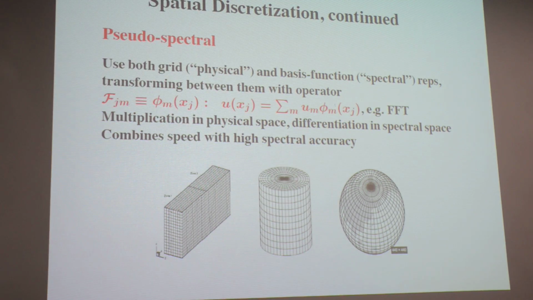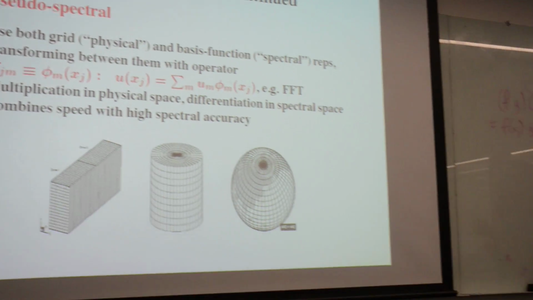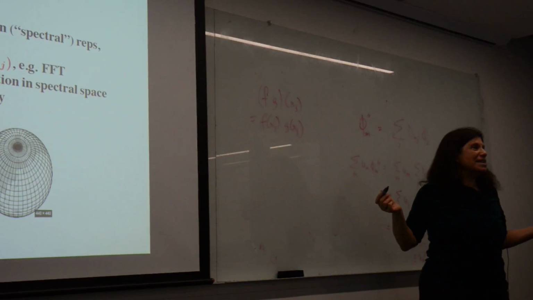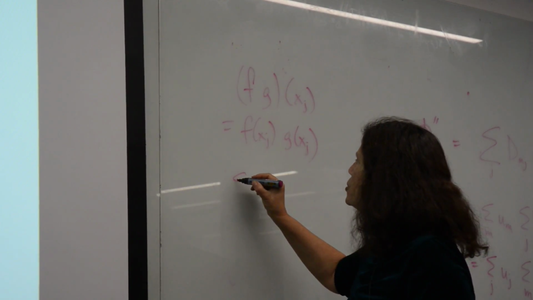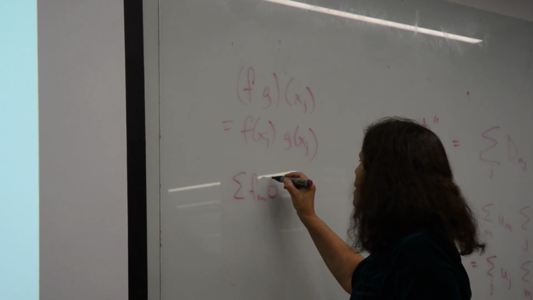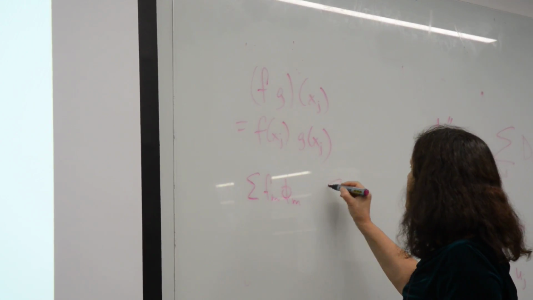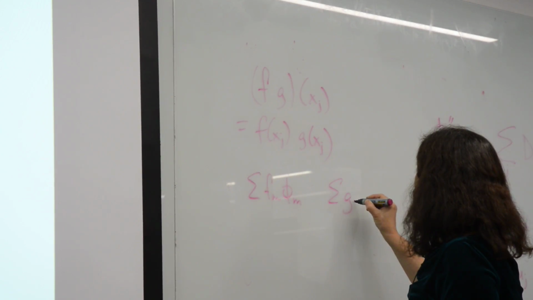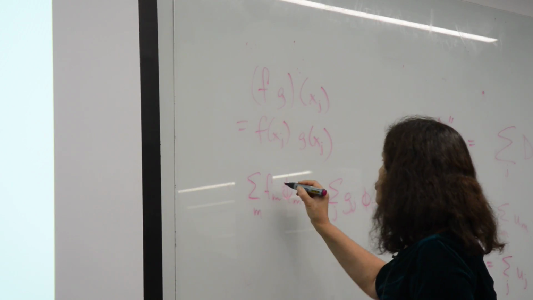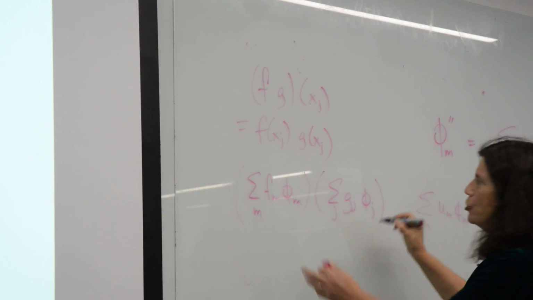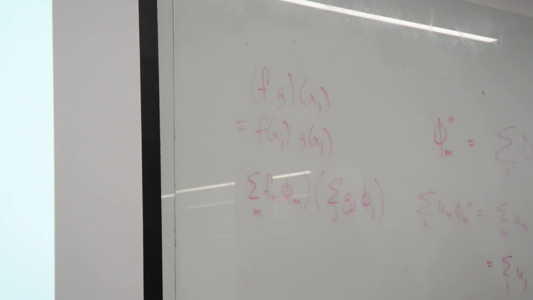That's f of x_j times g of x_j. That's an operation that takes the number of grid points, period. Whereas if you have f as a sum, f_m phi_m, and g as a sum, g_j phi_j, to do the product, you're going to have to do these kind of manipulations, and it will take a time n squared to do that.